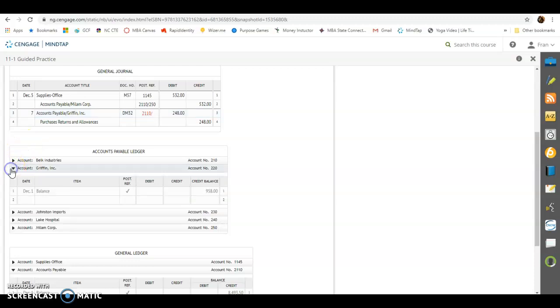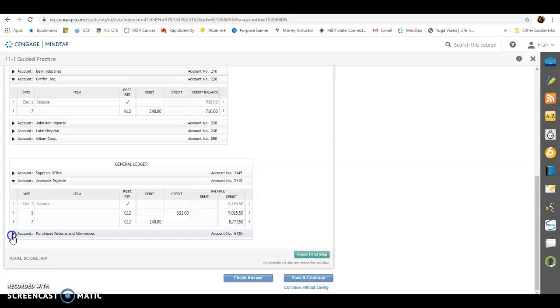So we're going to open up the Griffin ledger on the 7th, G12, and it was a debit for $248. We have a credit balance. That means that we must subtract the two. $710 is the answer here. And the account number is 220, so we're going to add it here. And then we have one left to record, purchases, returns, and allowances.